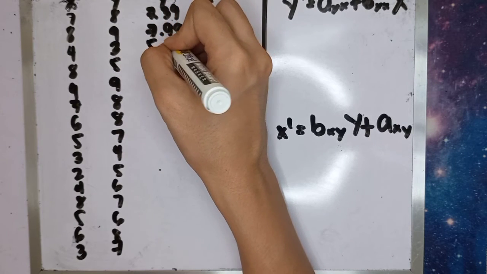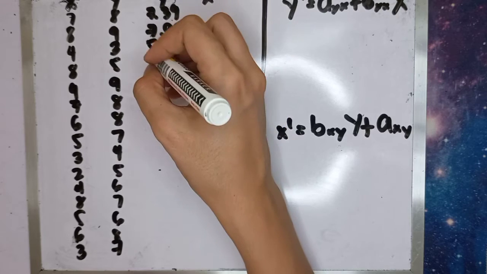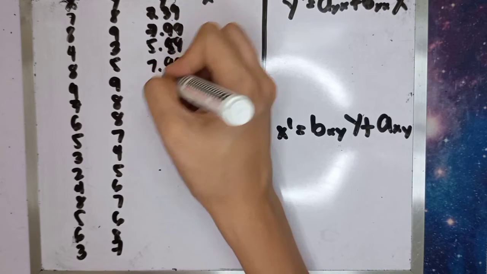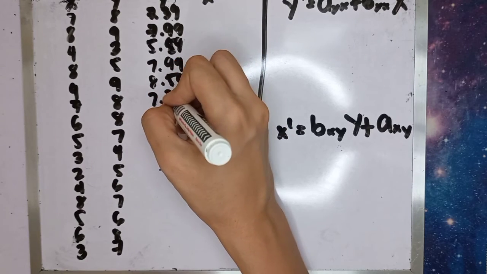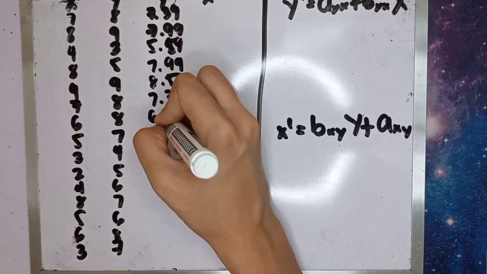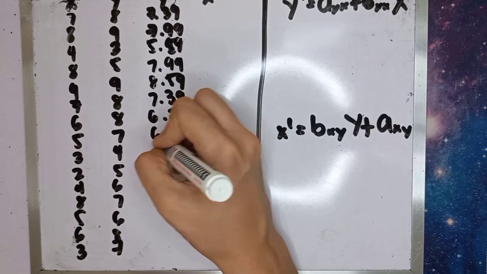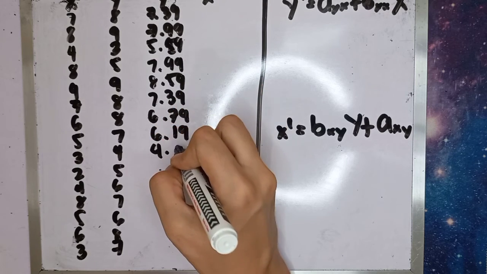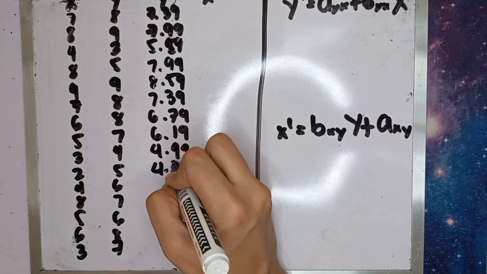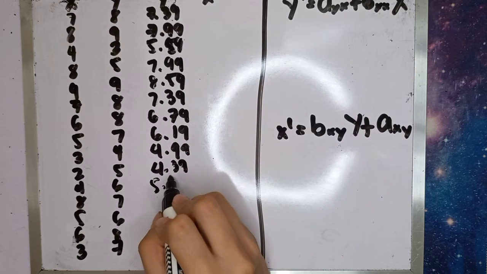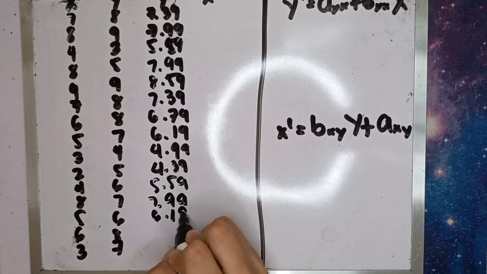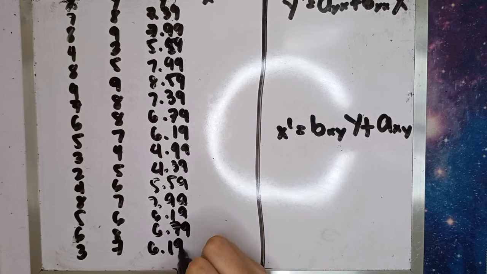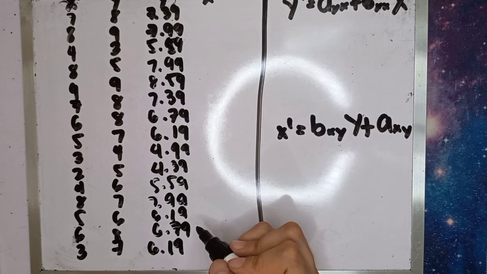So, 5.59, 7.99, 8.59, 7.39, 6.79, 6.19, 4.99, 4.39, 5.59, 7.99, 6.19, 6.79, and again 6.19.